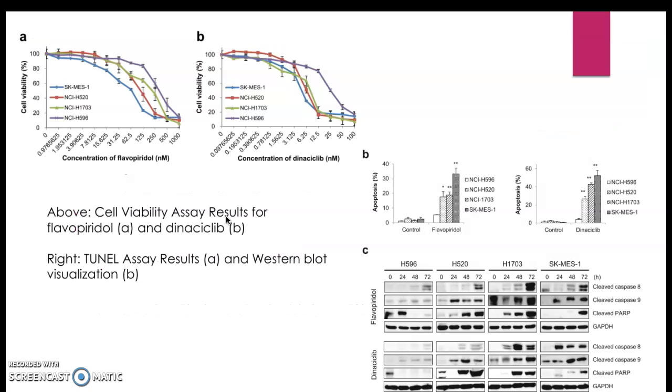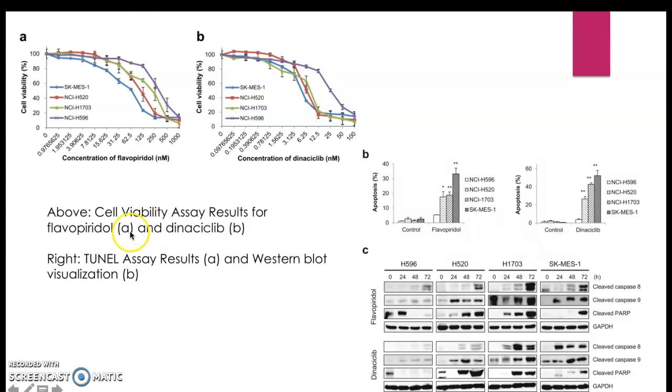All right, so the results of this, first of all, for the cell viability assay, found that there was increased cytotoxicity in the CDKN2A deficient cells. Or I shouldn't say deficient because one of them was just an inactive version of CDKN2A. But regardless, cytotoxicity was induced, cell viability was lower.